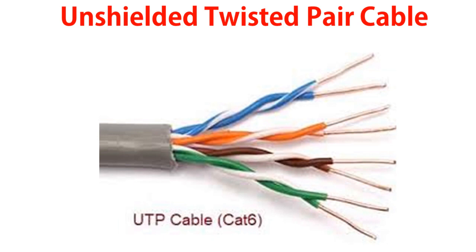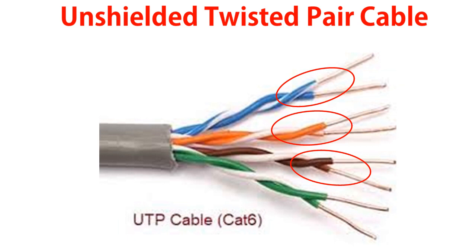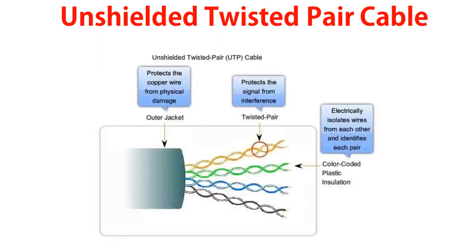These cables consist of 4 or 8 thin copper wires insulated with plastic cover, having separate colors of plastic-coated copper wire inside. In this cabling, two copper wires of a single circuit are twisted together for the purpose of improving electromagnetic compatibility.